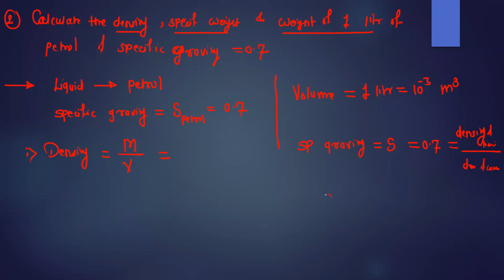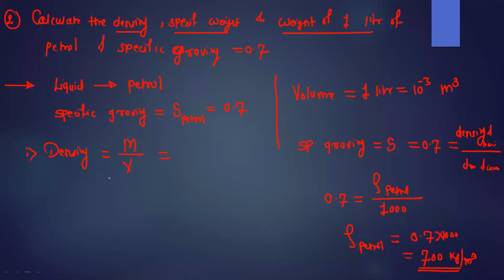So 0.7 is equal to the density of the liquid, which is the density of petrol, upon the density of water, which is equal to 1000 kg per meter cube. So from this you can find out the density of petrol, which is equal to 0.7 into 1000. So this is equal to 700 kg per meter cube.